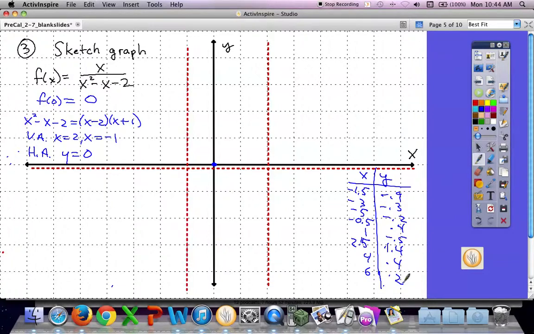So let's see, negative 1.5 is here, and that was negative 0.9. So it's about right there. Negative 3, negative 0.3, about there. Negative 5, negative 0.2, about there. So we can see that this branch must look like that. Okay, negative 0.5, positive 0.4.